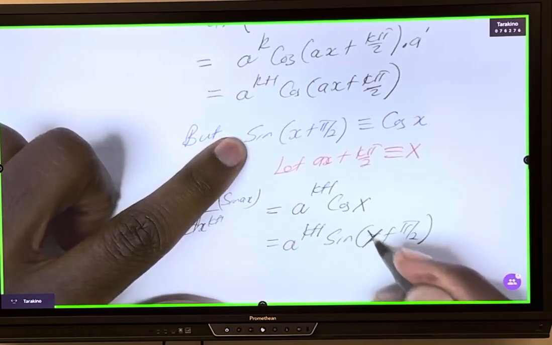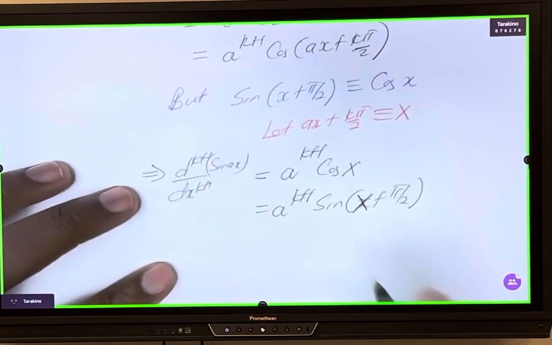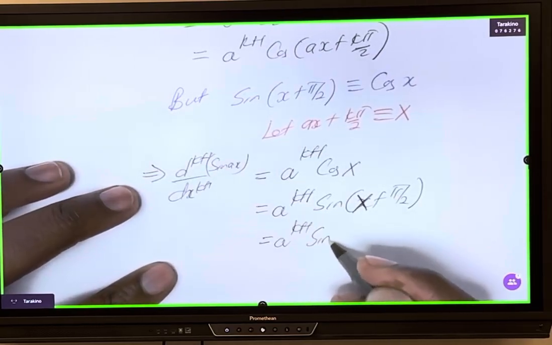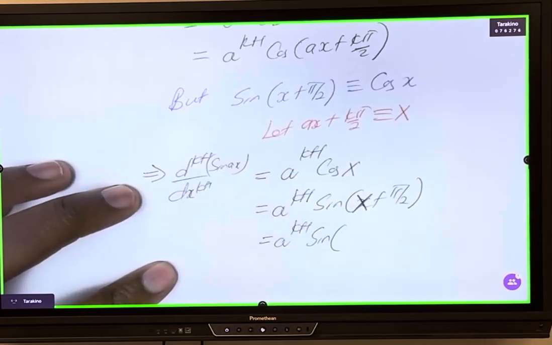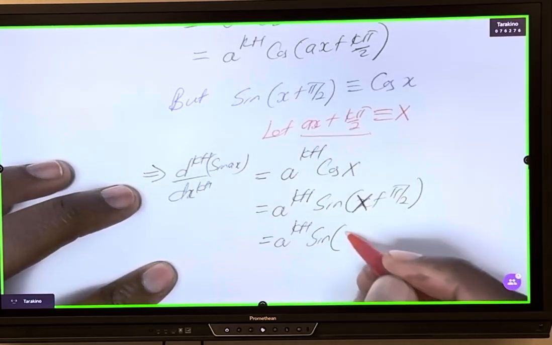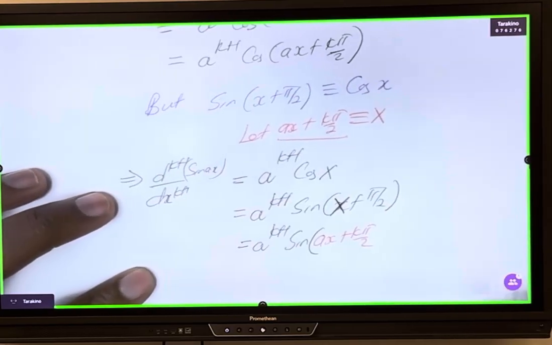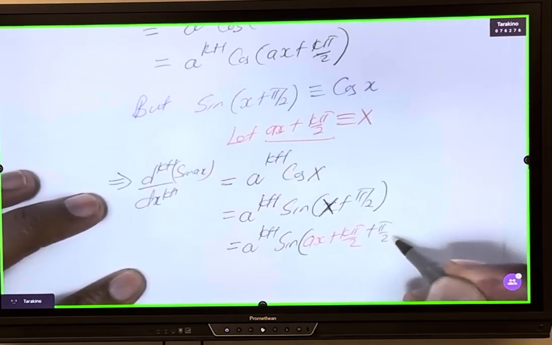I'll put my capital X. But remember, capital X in this case is my ax plus k pi over 2, then plus pi over 2.